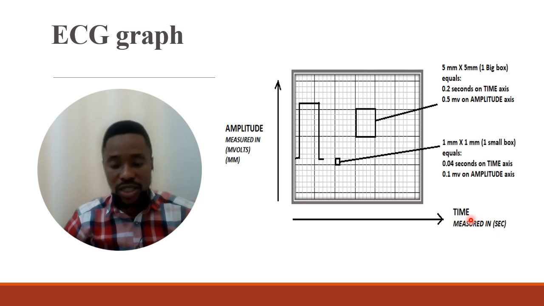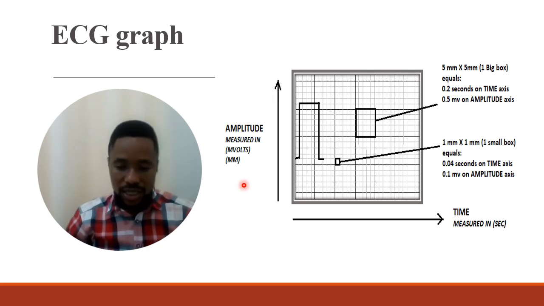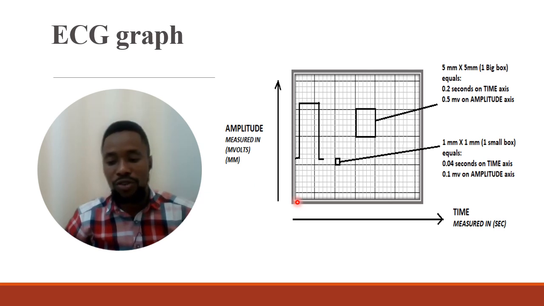Let's use seconds for this lecture. In terms of the vertical line, amplitude, right? We use millivolts as the SI unit. Millivolts. Definitely, 1 millimeter is the duration of a small box. A small box is 1 millimeter, while a big box is 5 millimeters.